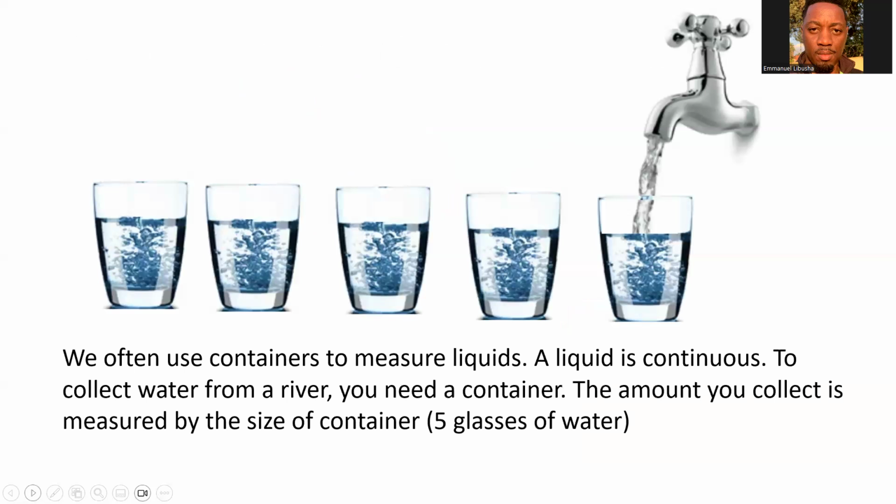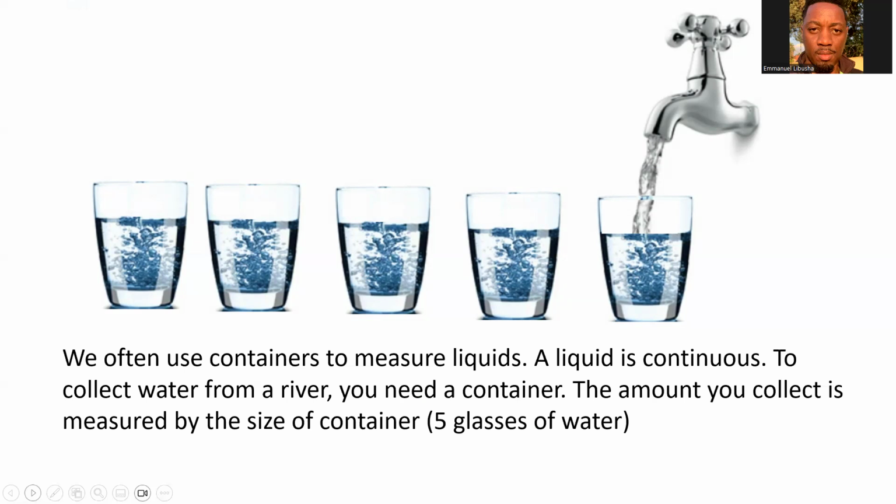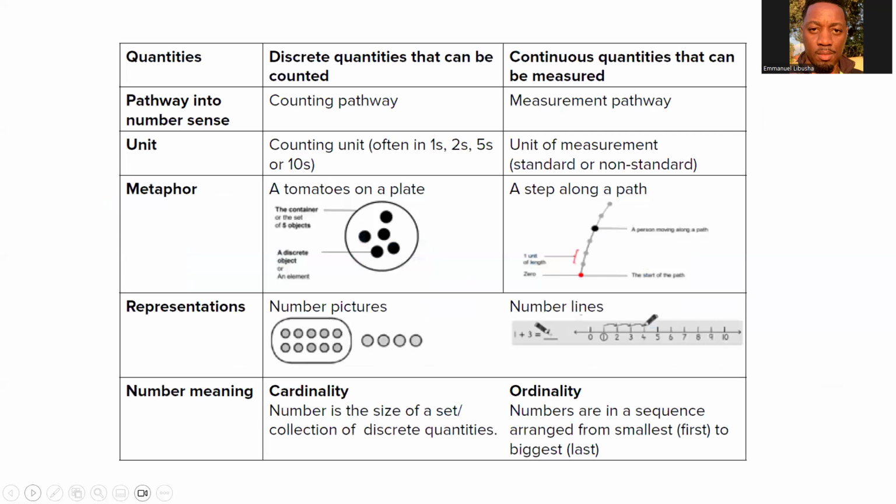Water is continuous, but if I add the water into glasses, then I can count the number of glasses. The number of glasses of water is discrete. So basically, continuous attributes can become discrete when you introduce a unit of measurement. In this case, the glass is the unit of measurement, right?